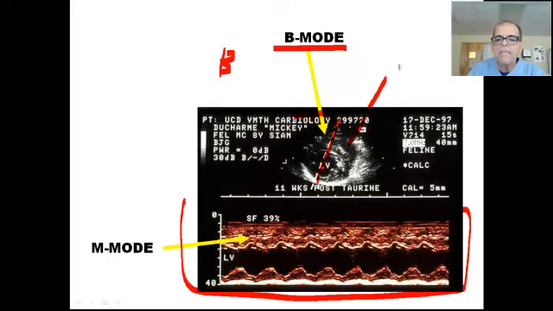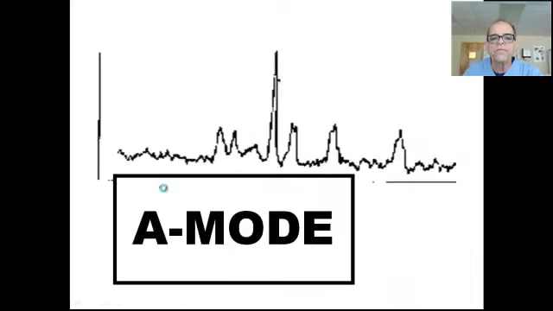This is a B mode. The B mode helps you to find the heart and to put the cursor in the correct position. This is really the M mode, it is time and distance. M mode is time over distance. We use it to measure the heart rate.